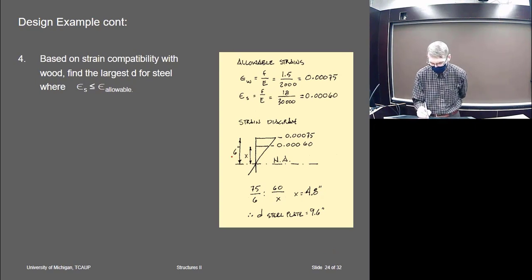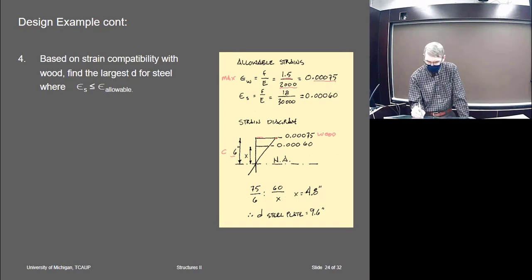So the depth here, half of the 12, is 6 inches up to the top of the wood. All right, this is my wood here. And the maximum strain in the wood, given the E modulus I had given for the wood and the maximum stress, the maximum strain is 0.00075.